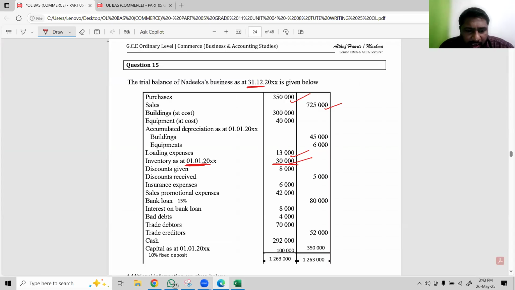Do we have any other income in this question? Yes, we have discount received 5,000.